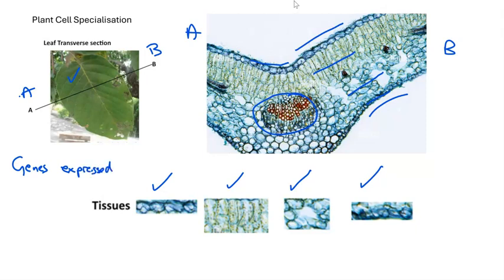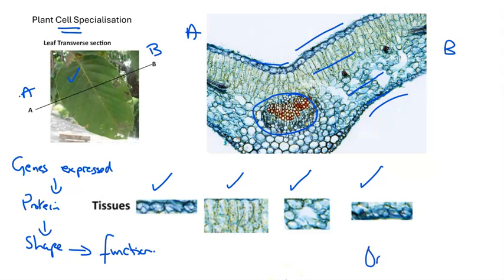Those expressed genes lead to proteins. Those proteins lead to shape, and those shapes of those cells relate to their function. And so this is where we have plant specialization of their cells. We've covered that under the video which is called Organization, which is also in this playlist, but we also cover plant structure and processes like transpiration.